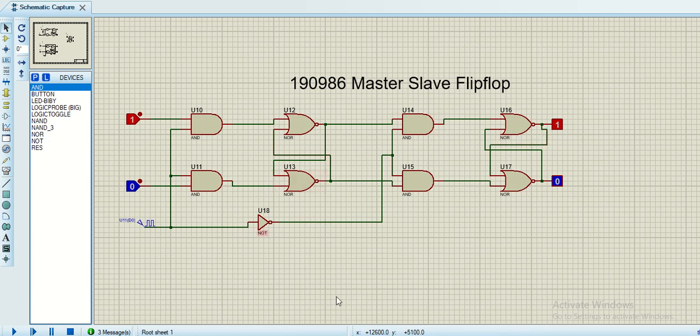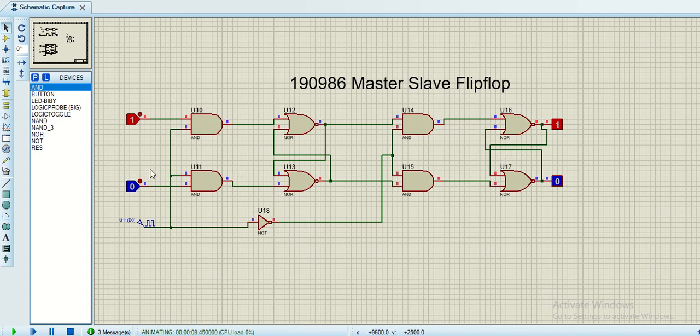So basically this flip-flop helps us. Here the first flip-flop is basically positive edge triggered, and the second flip-flop is basically negative edge triggered. So when the input is provided at the first flip-flop, it goes to the output of the first flip-flop, and then at the negative edge of the cycle it goes to the output of the slave flip-flop.